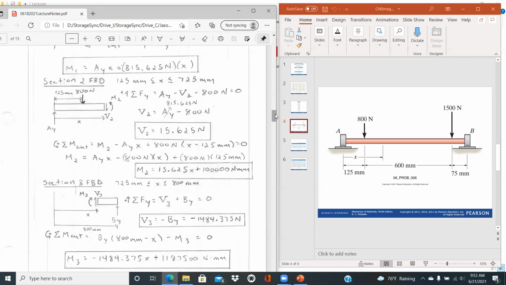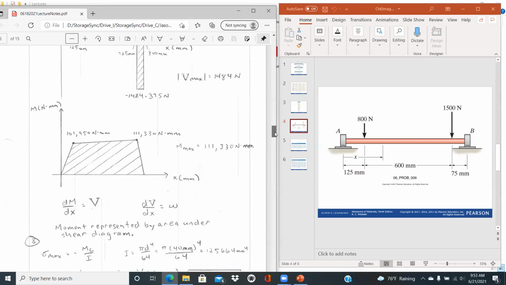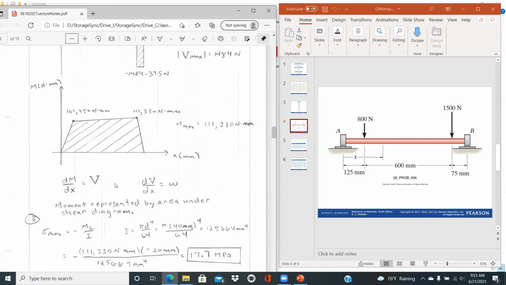And so everything can be determined from your free body diagrams and your equilibrium expressions that you're comfortable with. But it can often be quicker to do that from a graphical standpoint. And so main comment there, moment represented by the area under the shear diagram.